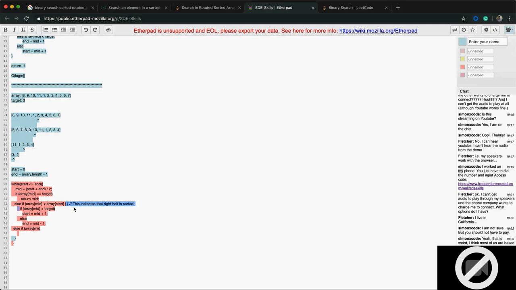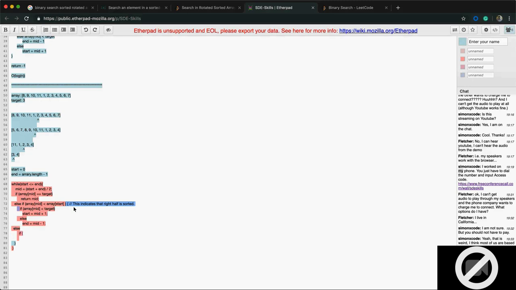Array of mid is greater than start. That means the left side is sorted and right side is rotated. Actually, we can simply skip this and just write the else.